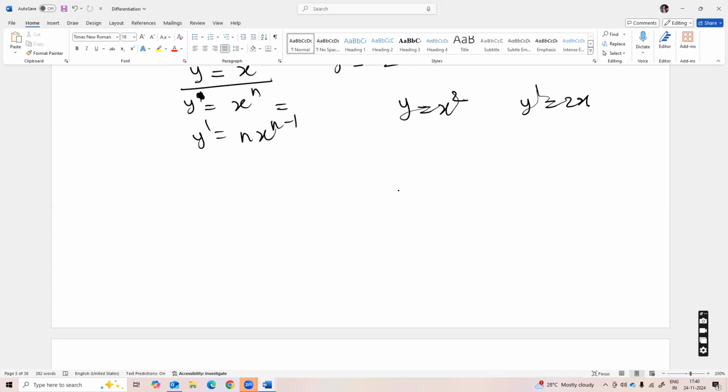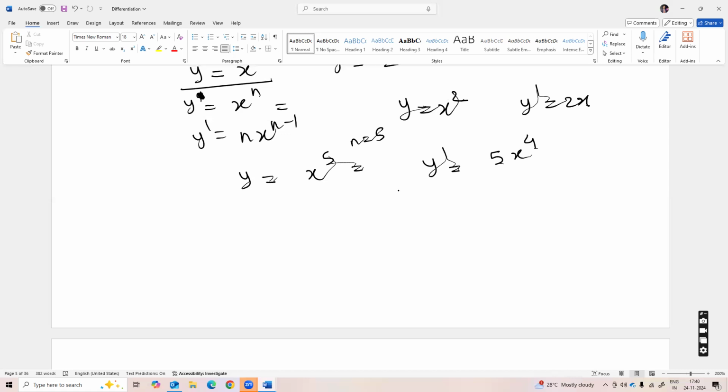Similarly, if y is equal to, let's say, x to the power 5, here n is equal to 5, so y dash is equal to 5 x to the power 5 minus 1, that is 4.